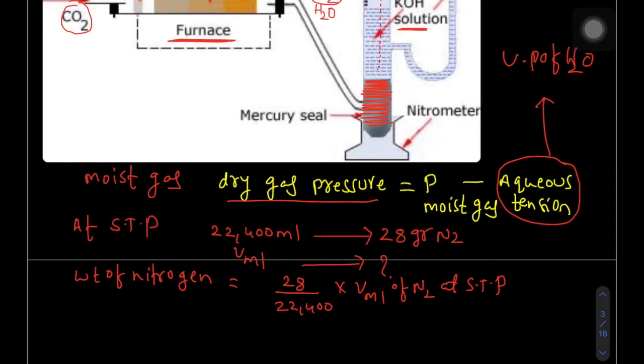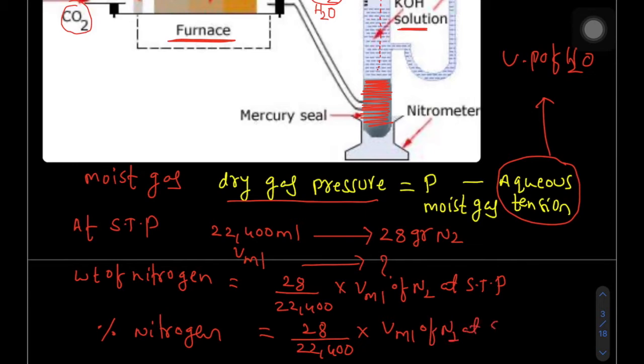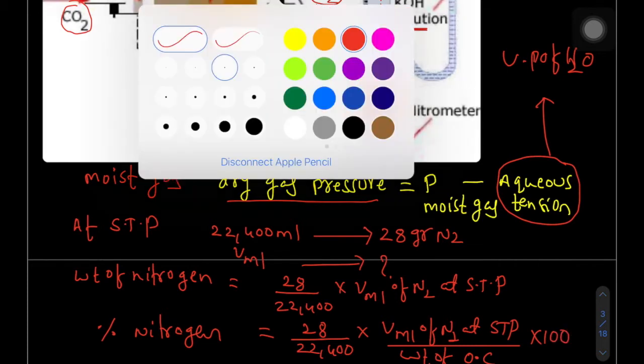Now from this we can convert the nitrogen weight into a percentage. This much nitrogen will be present in some x grams of organic sample. So in 100 grams of organic sample, how much dinitrogen will be present? By the unitary method, we can find the percentage of nitrogen. Percentage of nitrogen is equal to 28 divided by 22,400 multiplied by the volume of nitrogen at STP divided by the weight of organic compound into 100.